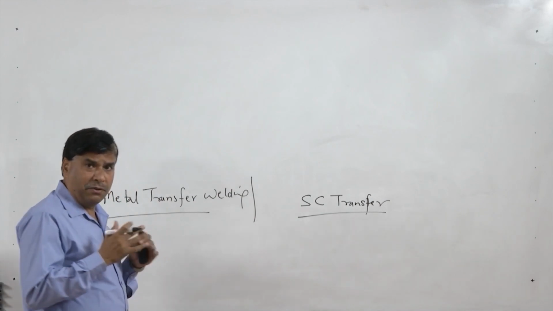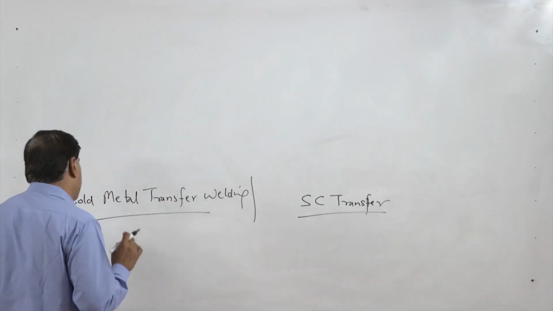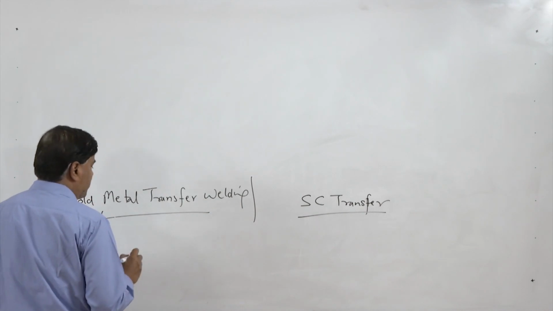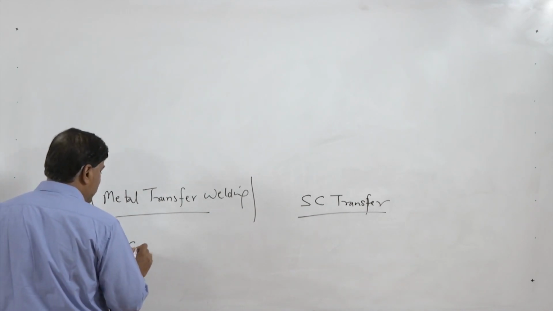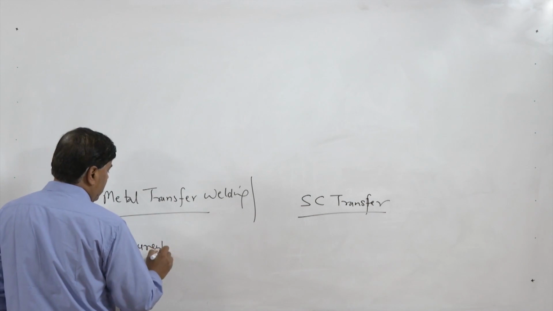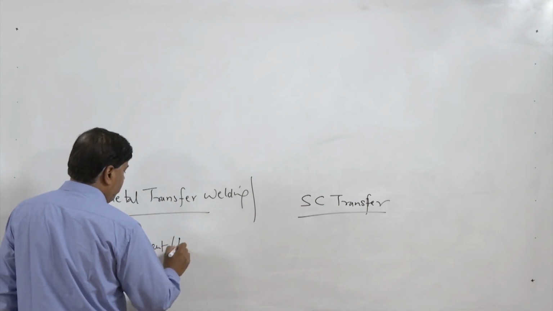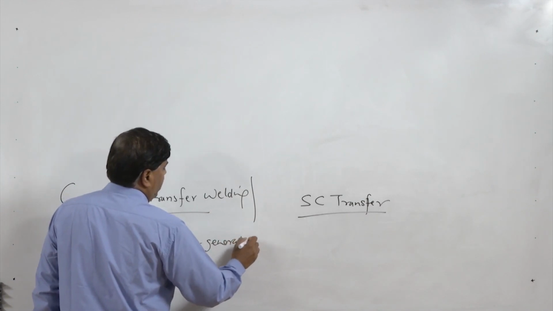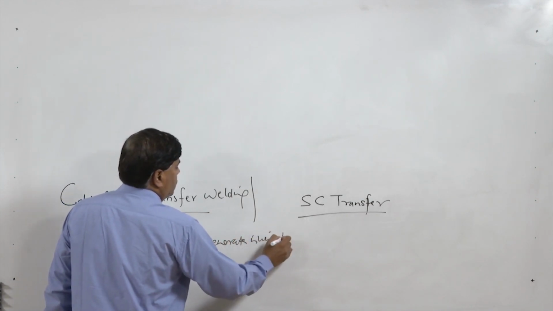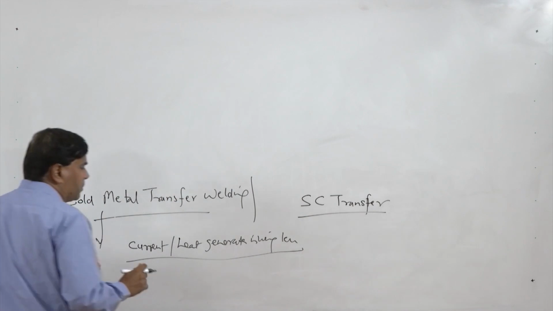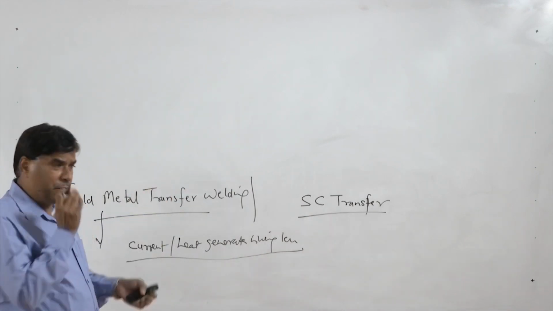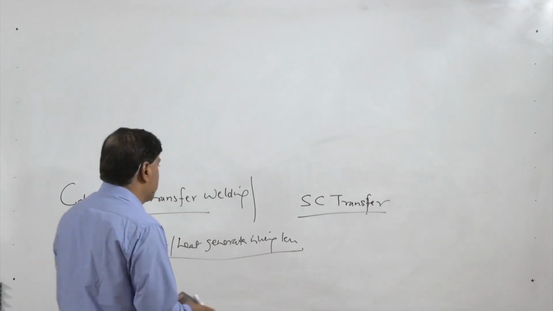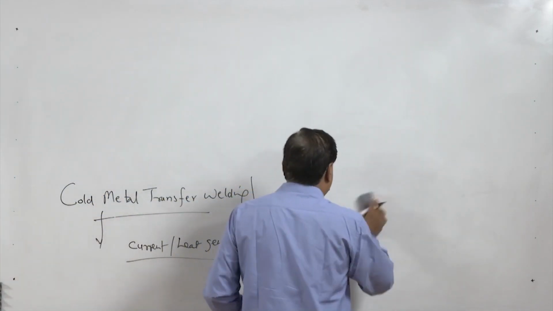Actually this is not cold, but the meaning of cold is that at the moment when transfer takes place, the current value is low and the heat generation is very low. So this situation, with respect to the other arc welding processes, has been termed the cold one, but actually it is not cold.